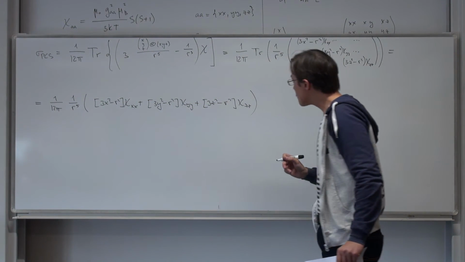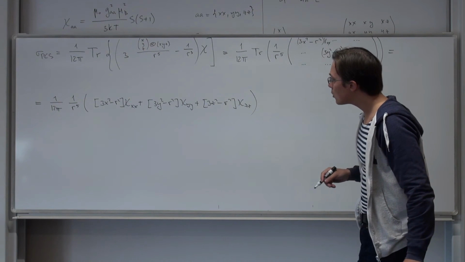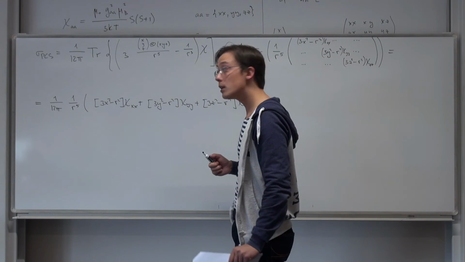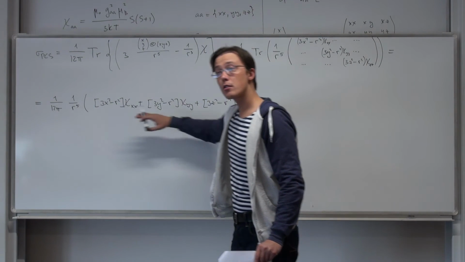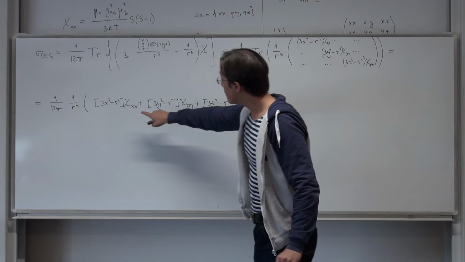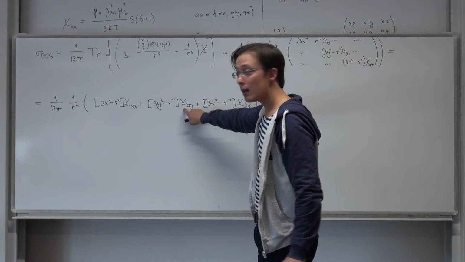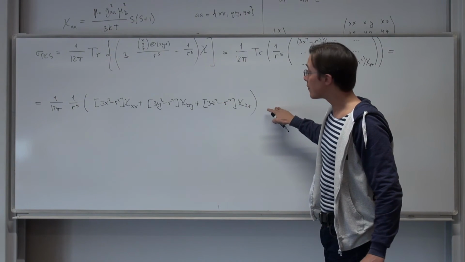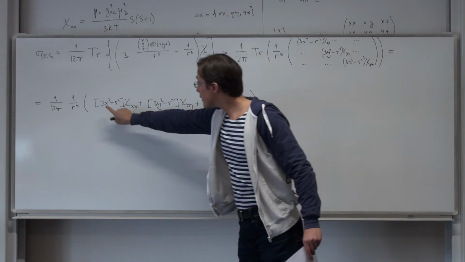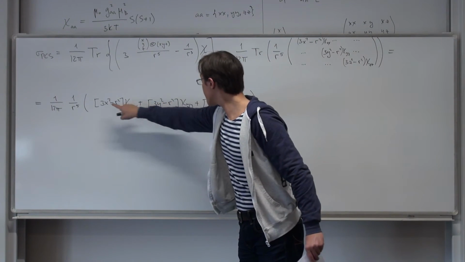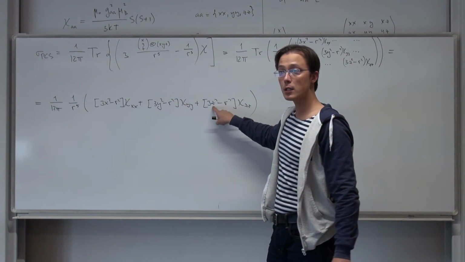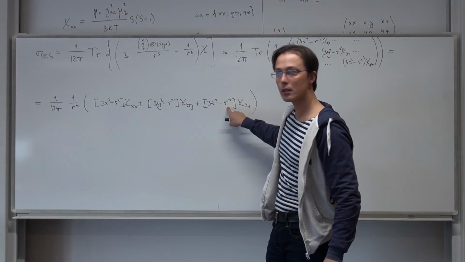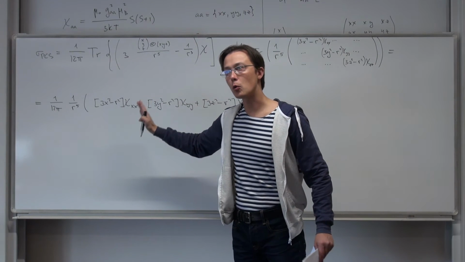There is one interesting thing about it. You would notice that if we have an isotropic susceptibility tensor, this expression vanishes. If chi xx is the same as chi yy and the same as chi zz, we can take chi out of the bracket. We would have 3x squared plus 3y squared plus 3z squared, which is 3r squared, minus r squared minus r squared minus r squared. It would disappear. It would go to 0.